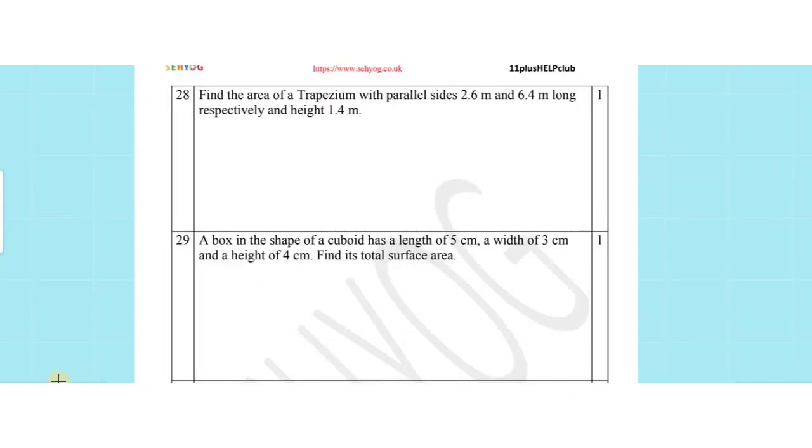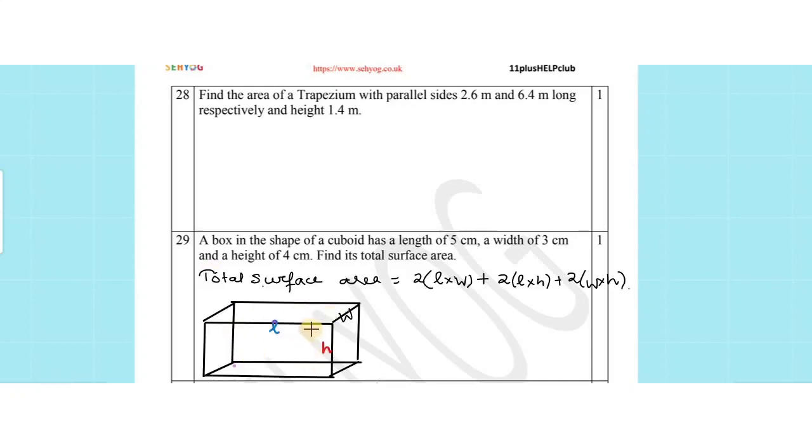In question number 29, a box in the shape of a cuboid has a length of 5 cm, a width of 3 cm and a height of 4 cm. Find the total surface area. We take a cuboid. The front and the back area is length times height.